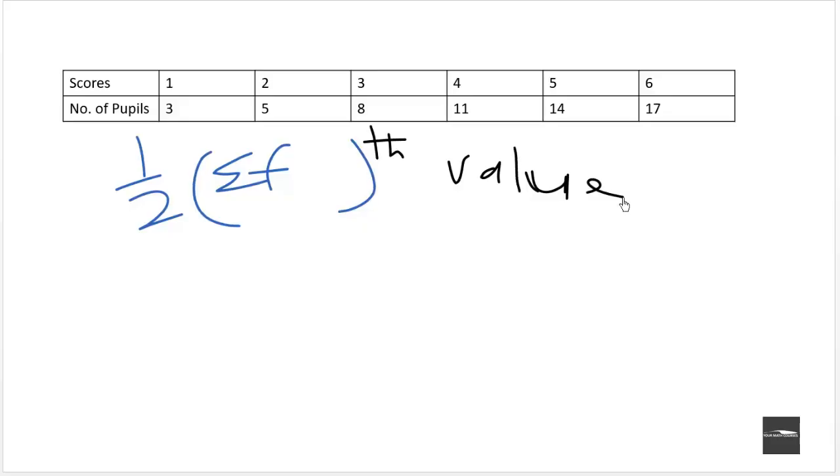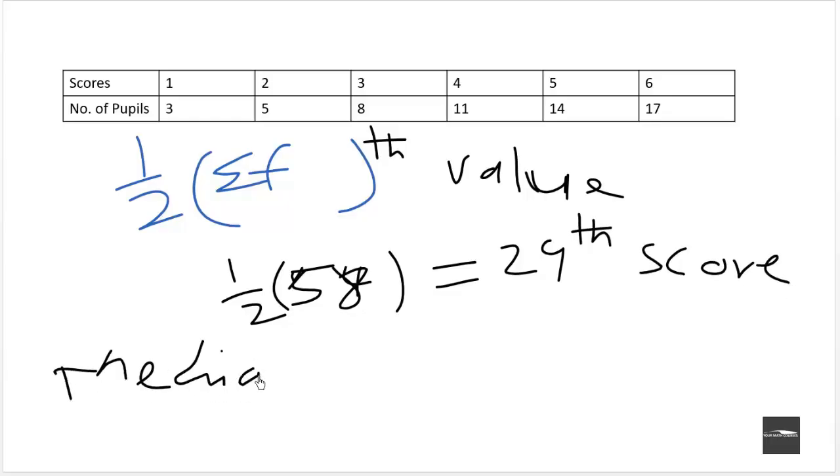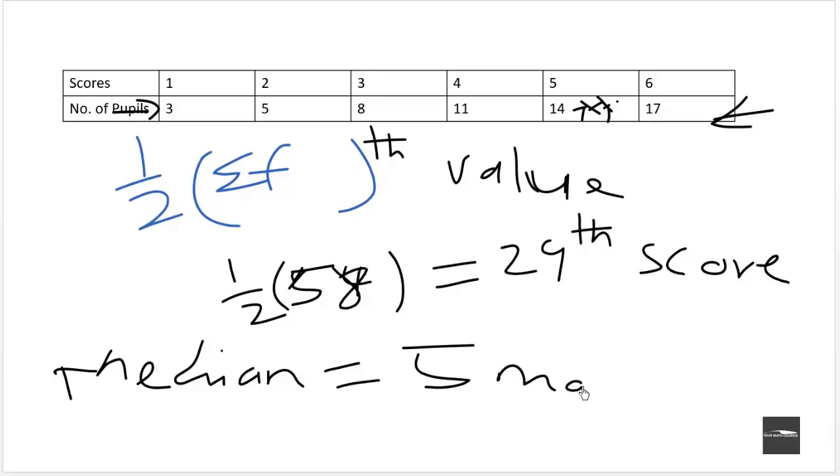Summation f we found to be 58, so half of 58 will be equal to the 29th score. That will be the median score. When we add from here, 3 plus 5, 8, 8 plus 8, we get 16, 16 plus 11, 27, so the 29th score will be here. So it corresponds to 5. The median mark is 5 marks.